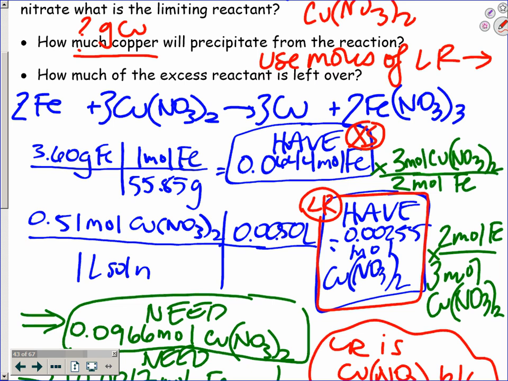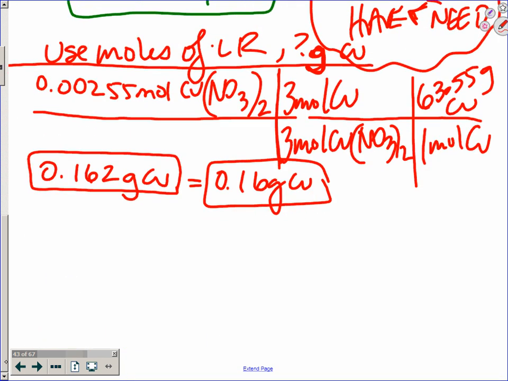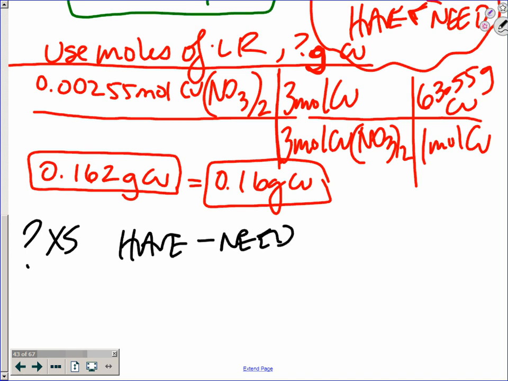So we're going to do the have minus need of who? Iron, because iron's my excess, right? I labeled them down here in my work, but you could have equally labeled them like this, the excess one and the LR, so you're not losing that identification that you worked so hard to figure out. So we're going to do have minus need of iron. If you're ever trying to figure out the excess, all you're doing is have minus need, and that will give you leftover.